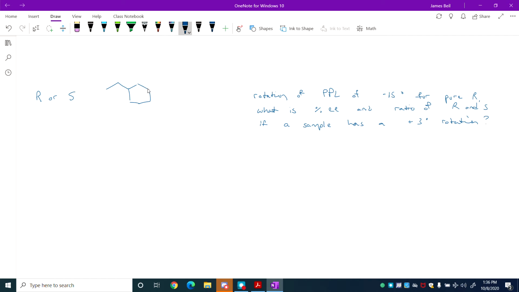molecule right here, and maybe I've got a chlorine here versus the enantiomer of that. There's a couple different ways I could draw the enantiomer.